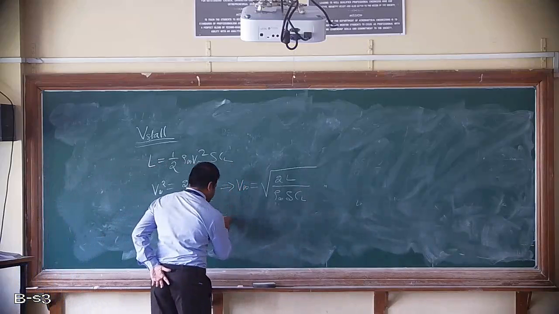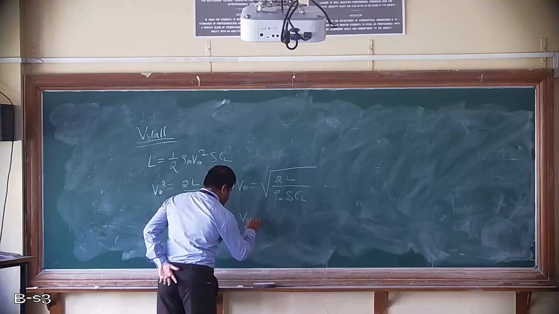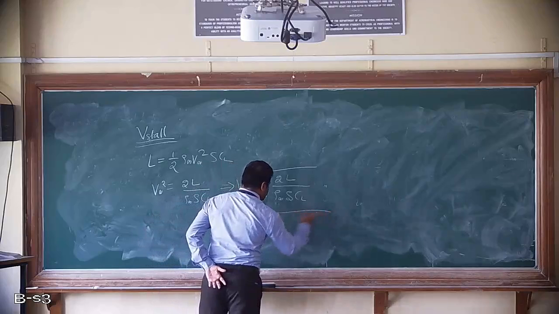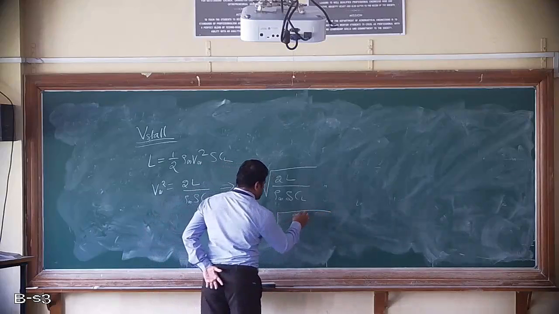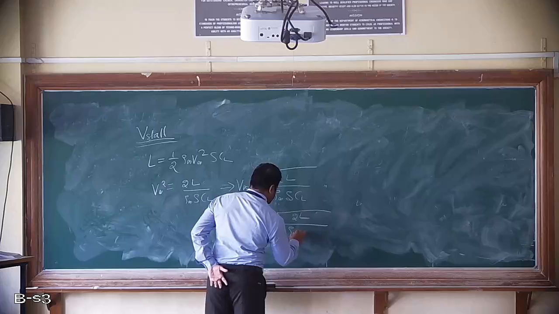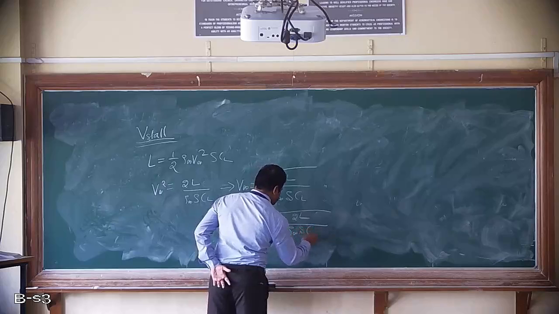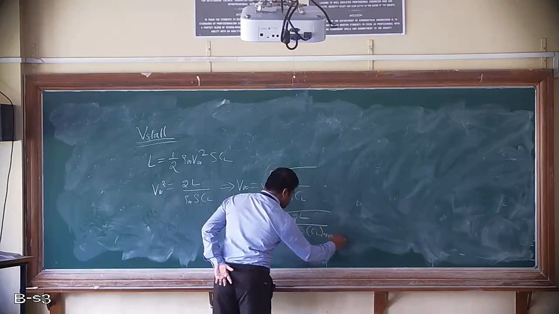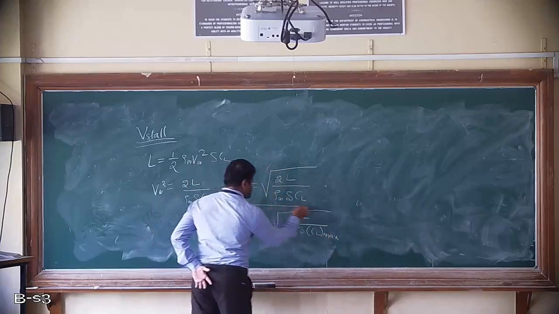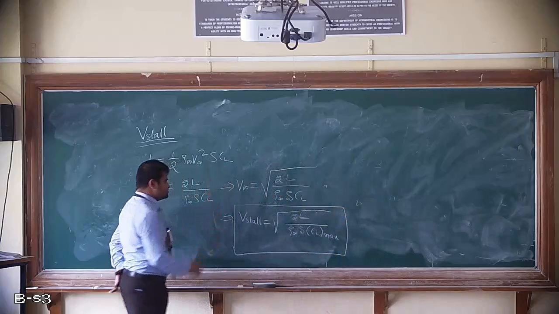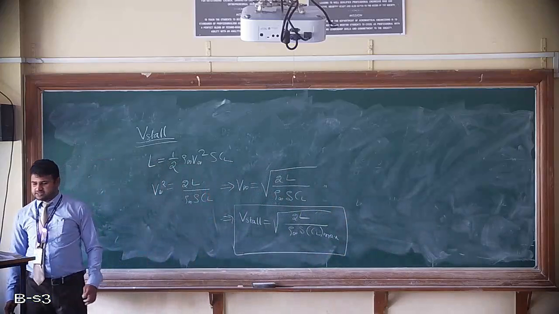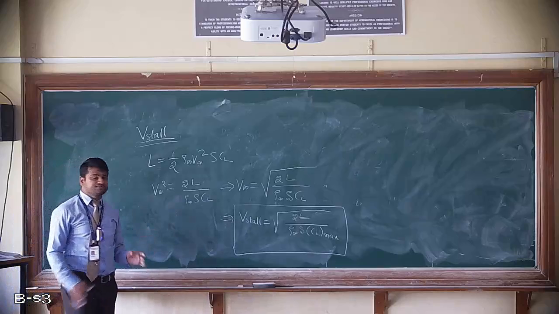So I'll rewrite this: V stall equals square root of 2L divided by rho infinity S CL max.